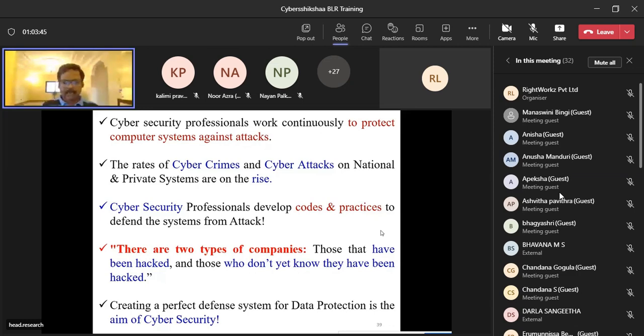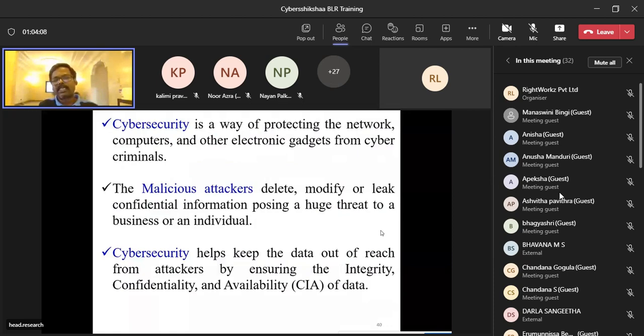So creating a perfect defense system for data protection is the aim of cyber security. These are called cyber security professionals. They are working for data protection. Cyber security is a way of protecting the network, computers, data, servers, data center and other electronic gadgets from cyber criminals.